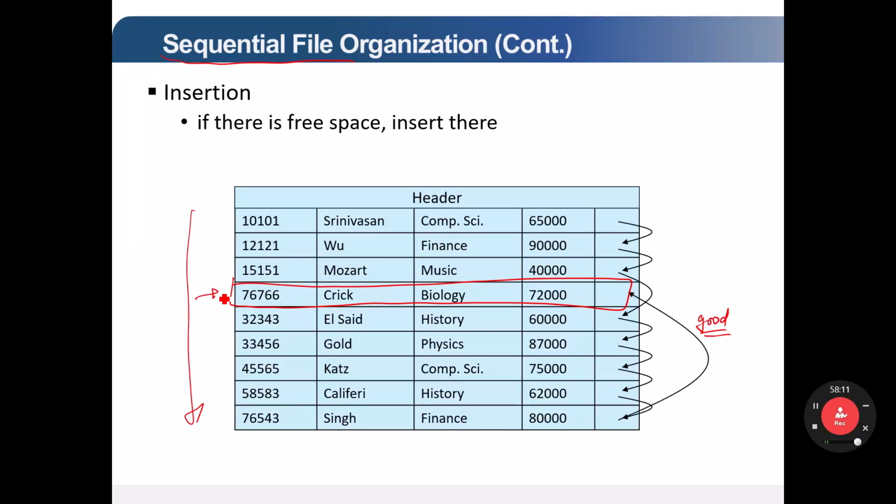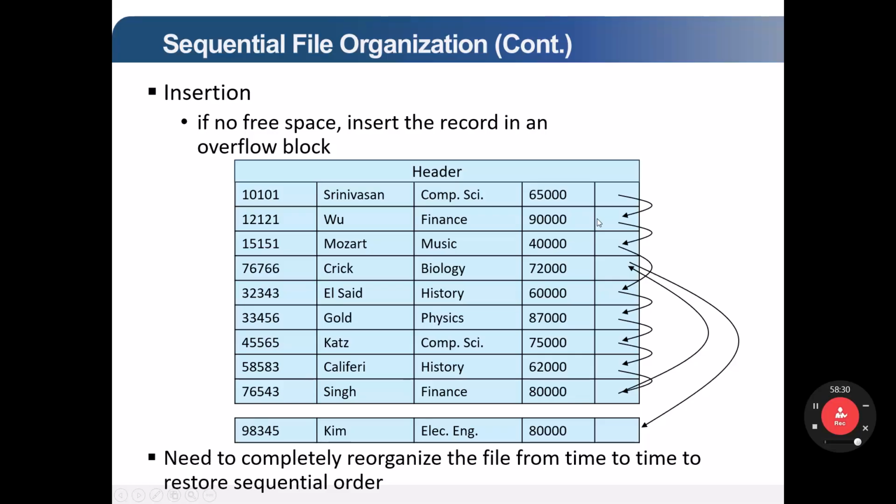But just to utilize some disk space, we may store new records in those free spaces and connect these records in sorted order using pointer metadata. But if we do that, that is going to hurt I/O performance.